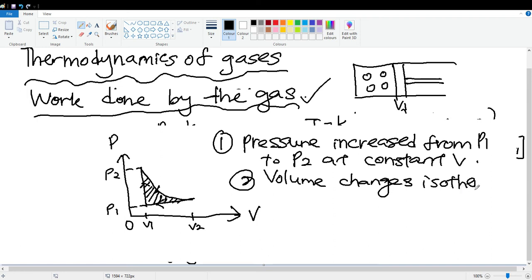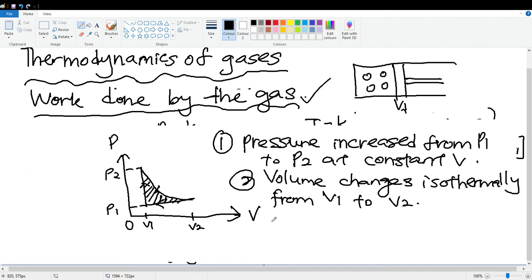The volume changes isothermally from V1 to V2. So the volume changed from V1 to V2, and the pressure, which I didn't state in this sentence, actually goes back from P2 to P1, but in the condition of constant temperature, which is the isothermal process.